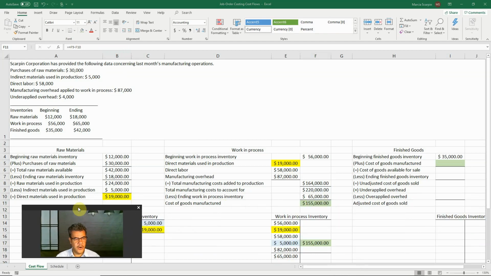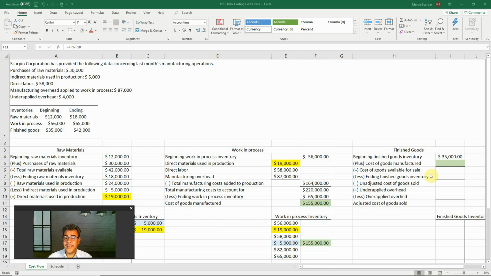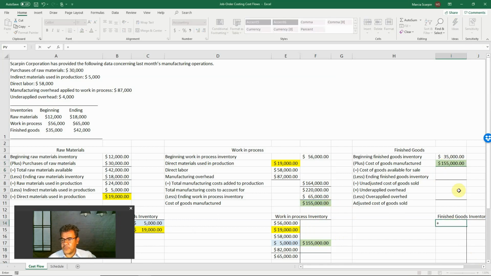Let's move here. Finished goods. Finished goods is exactly the formula of cost of goods sold. So beginning inventory plus cost of goods manufactured. And if we go to our T account, beginning inventory plus work in process inventory.